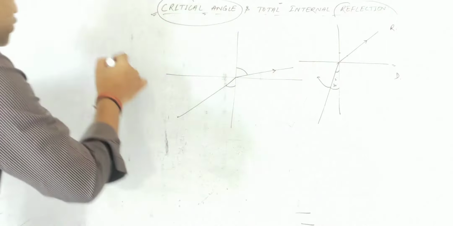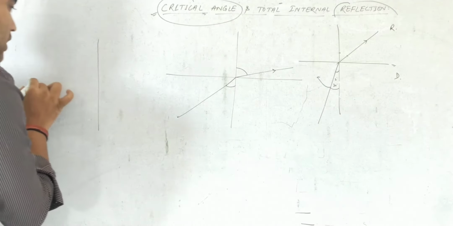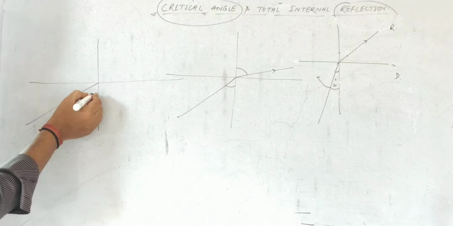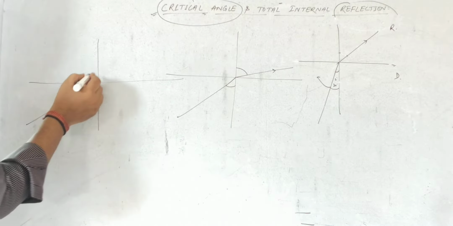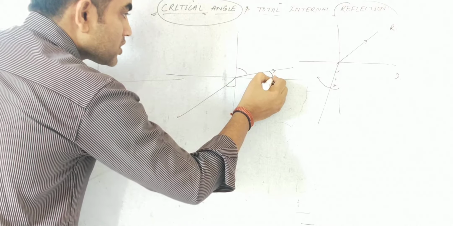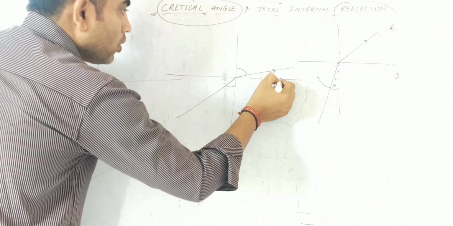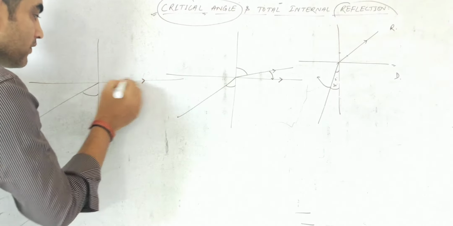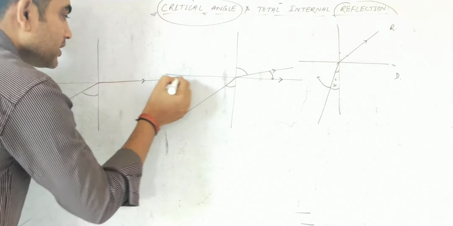Again, in the third situation, if we continue in this manner, suppose this time we have increased the angle of incidence a little more. Under that situation you will find that the refracted ray will be on the surface separating the two media, that is on this surface. This one will be the refracted ray.